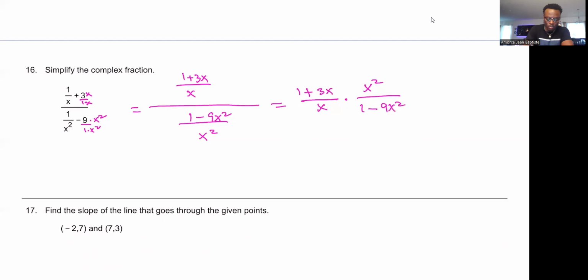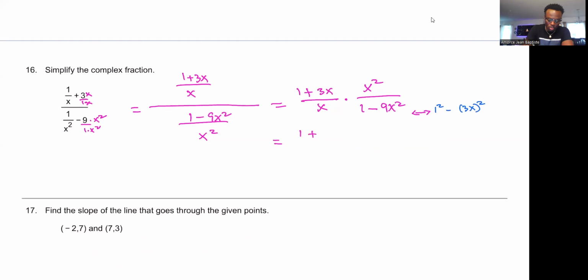That is a difference of squares. So 1 squared minus 3x squared, right? So that's this. So then you can completely factor this.